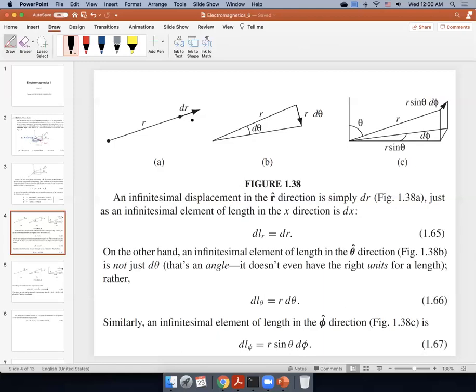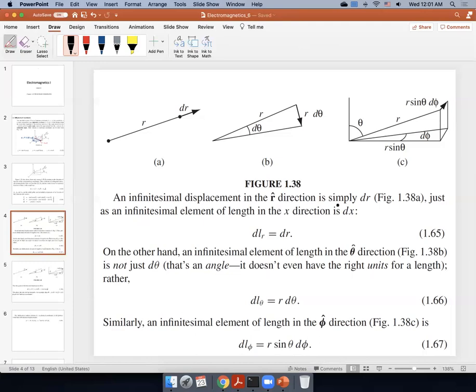Any infinitesimal displacement could be decomposed into three components: the radial direction component, which is dr, the component in the theta direction, and another in the phi direction. So let's see how to express an infinitesimal displacement in the r, theta, and phi directions.